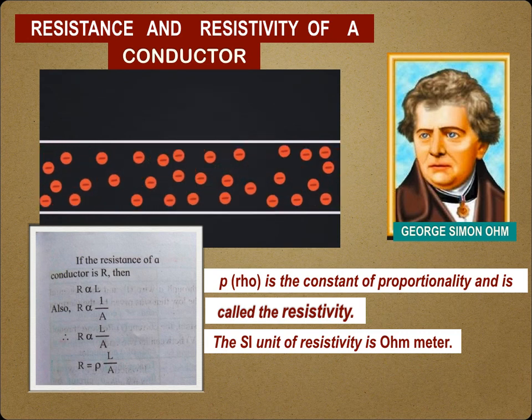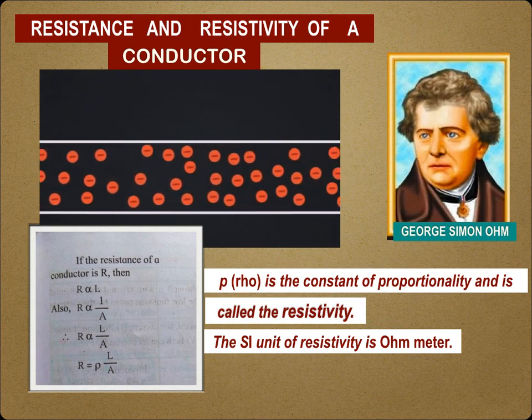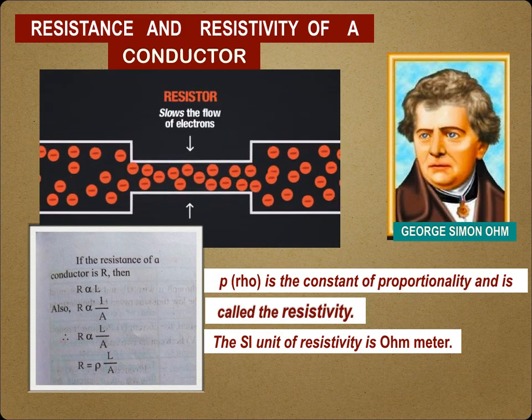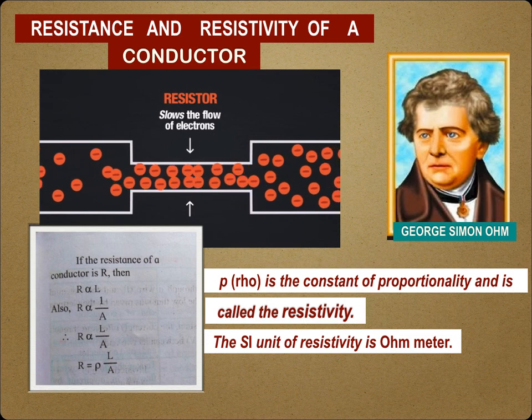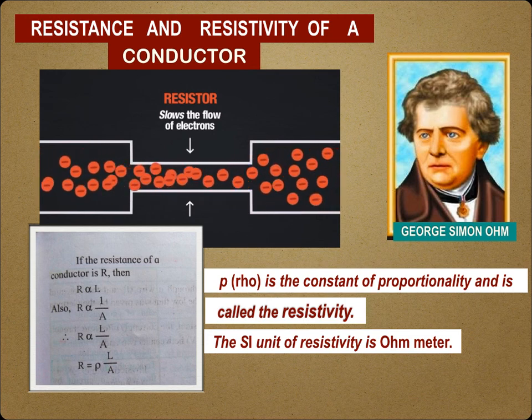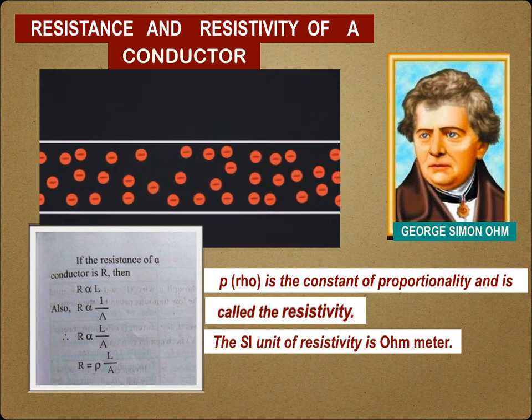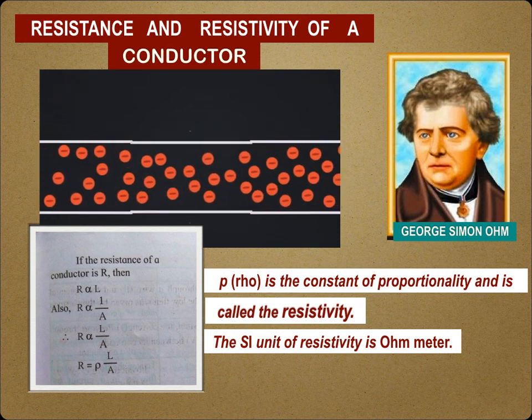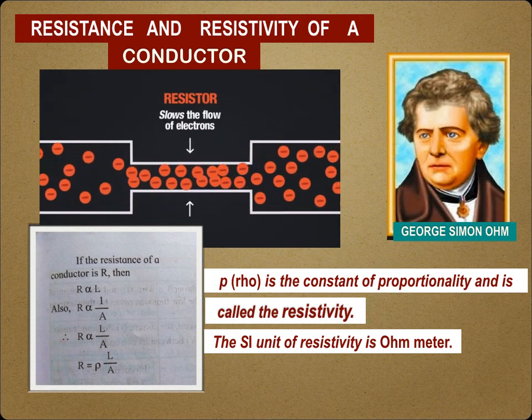So we get the formula R equals rho L upon A. Now rho is the constant of proportionality and is called the resistivity of the material. The SI unit is ohm meter.